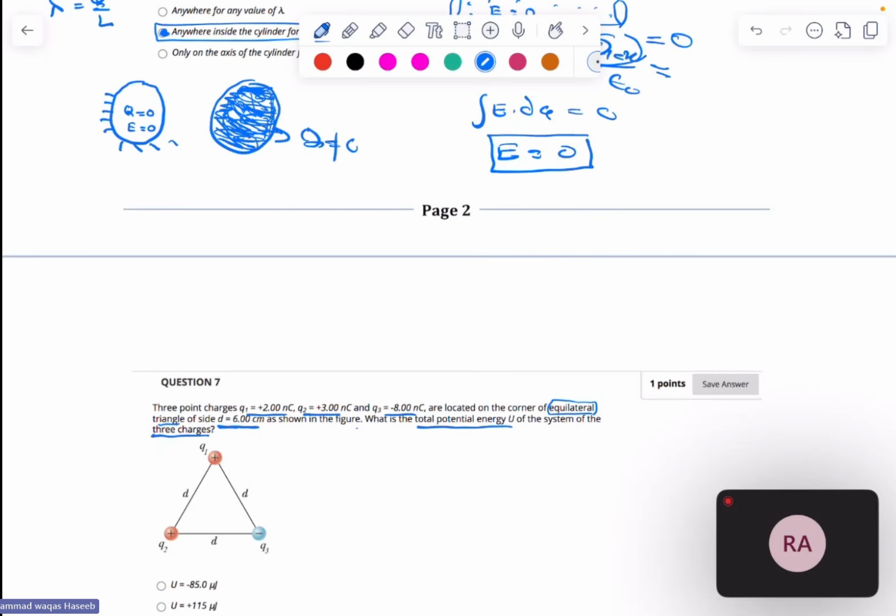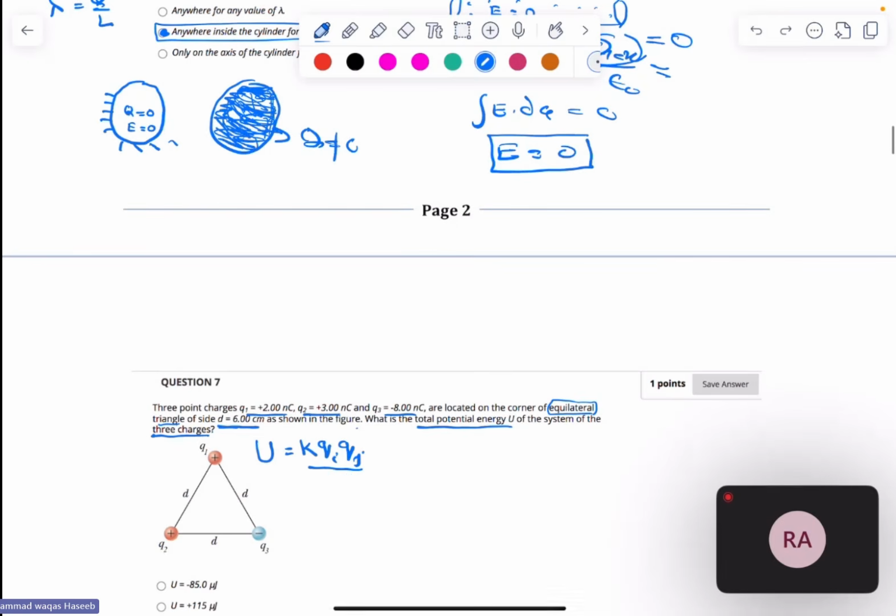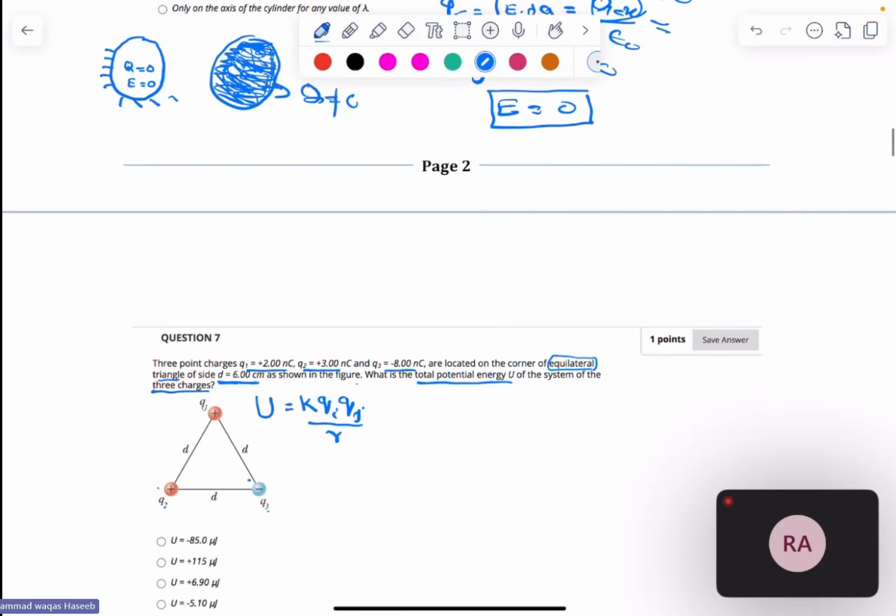To calculate the potential energy between two point charges, it is k Qi Qj over R, only R. First we calculate the Q1 and Q2 energy, then the Q1, Q3 energy, then the Q2, Q3 energy, and we will get the total energy.